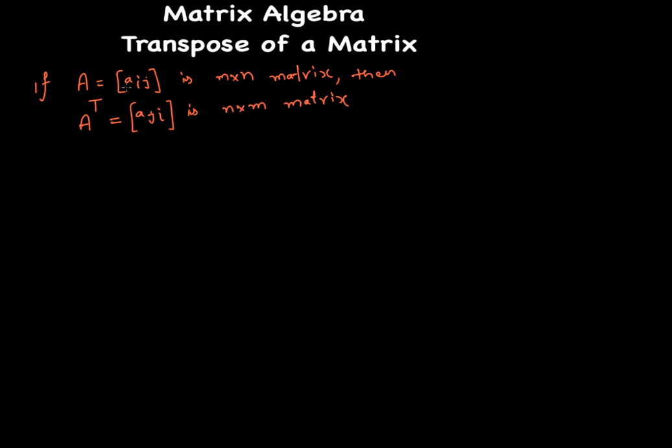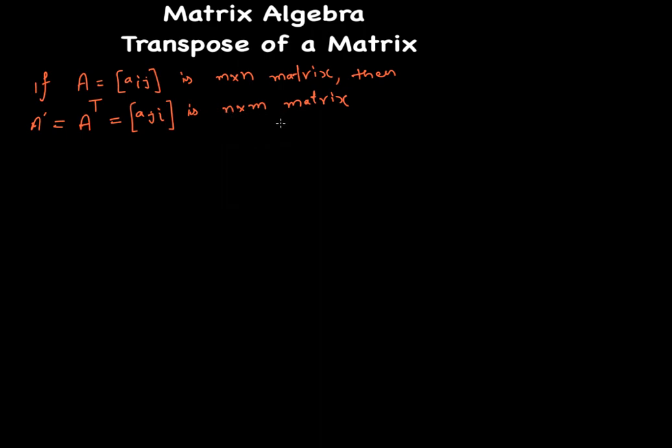Let's say we have a matrix A_ij that is an m by n matrix. That means i goes from 1 to m and j goes from 1 to n. The transpose of matrix A can be written as A^T, or sometimes A', and it is equal to A_ji, which is going to be an n by m matrix.